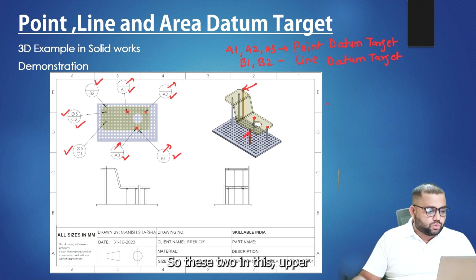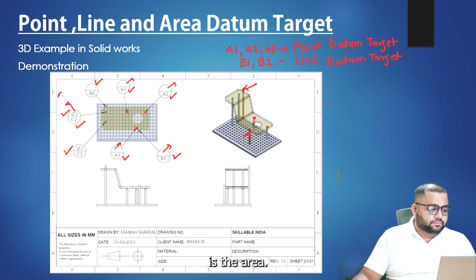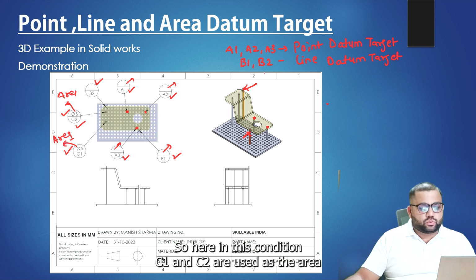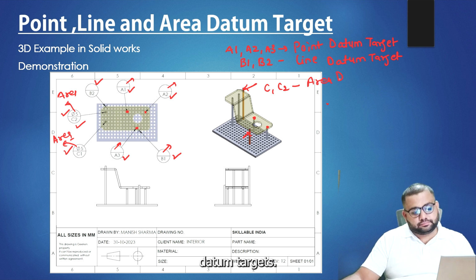In this upper one the area is shown, and in this also the area is shown. C1 and C2 are the numbers of these datum targets, used as the area datum targets.